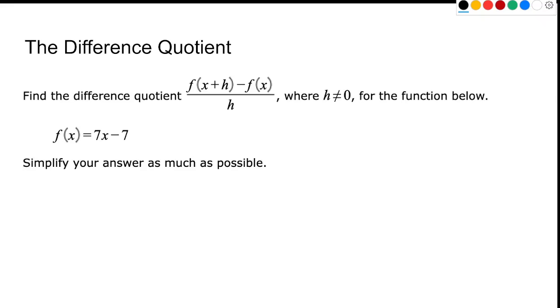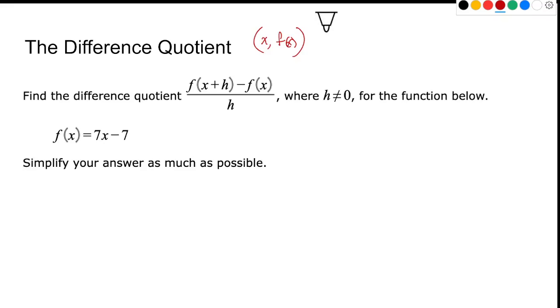And what I want you to see is this difference quotient really is just, it's a slope, right? It's a slope function where one point is going to be f of x, right? That's an x value and a y value.